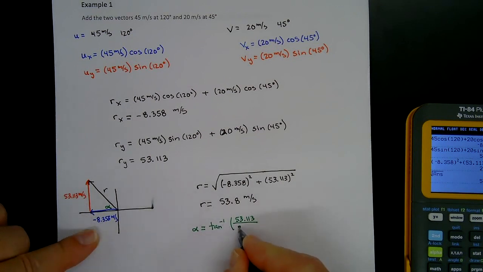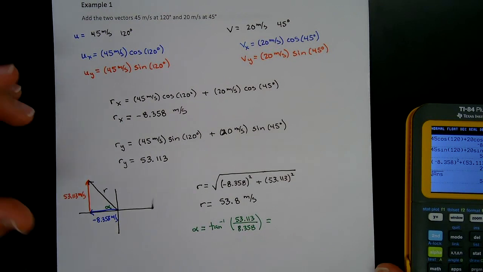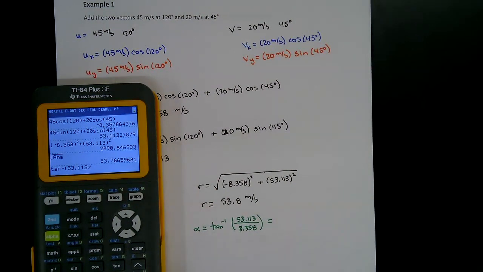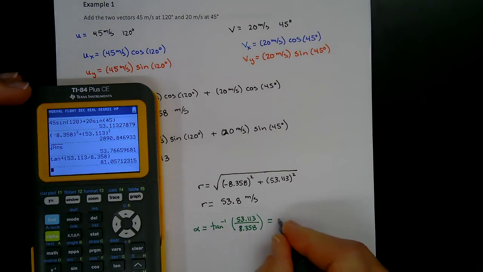So 8.358, and that gives us, to the nearest degree, okay, so I'm going to press second, tangent, and then 53.113 divided by 8.358. This should give us a pretty big angle. Yeah, 81 degrees, right?